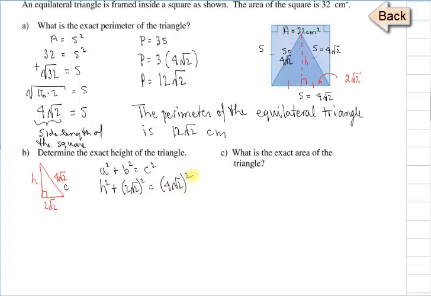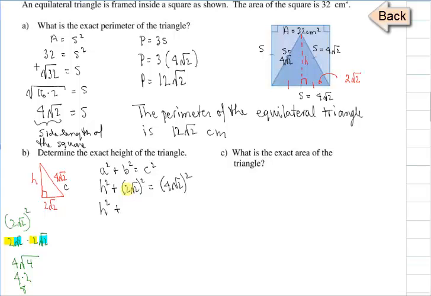Alright, so we're going to now square our 2 root 2, which I'll do over on the side here. You know that means 2 root 2 times 2 root 2, so we're going to multiply our coefficients together and then our radicands. So 2 times 2 is 4, and the square root of 2 times the square root of 2 is the square root of 4. And then you can work out the square root of 4, which is 2, so you're going to go 4 times 2, and you get 8.